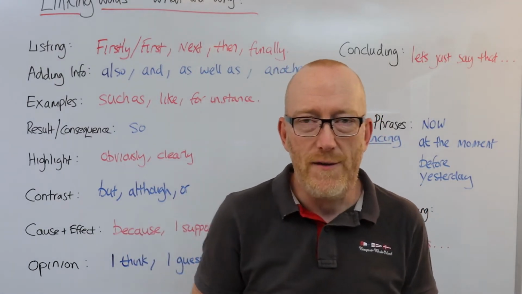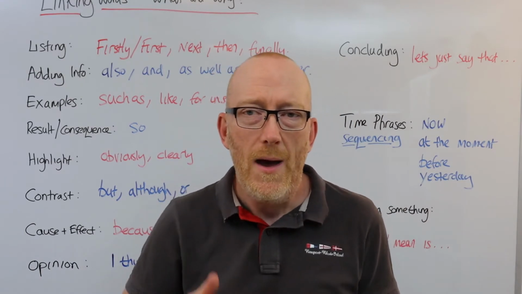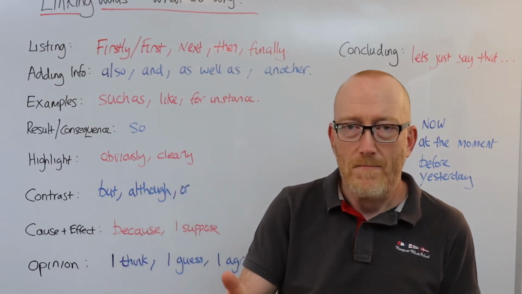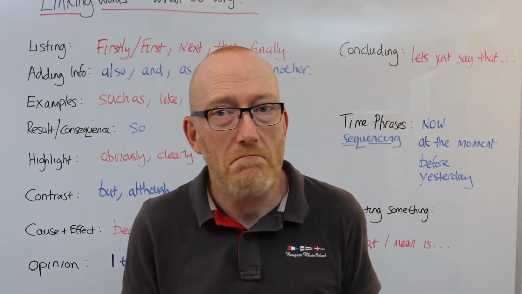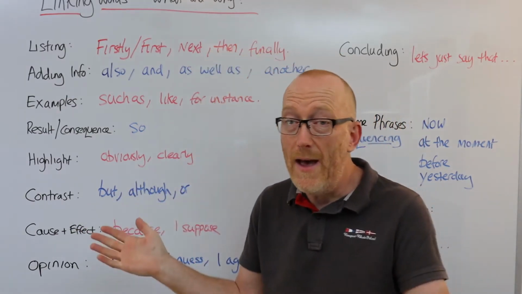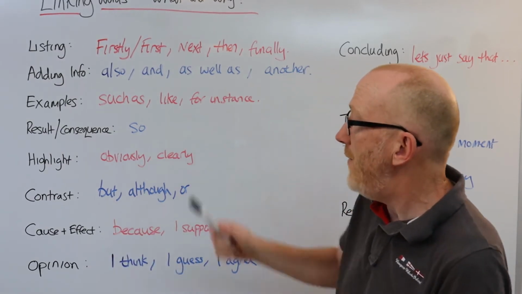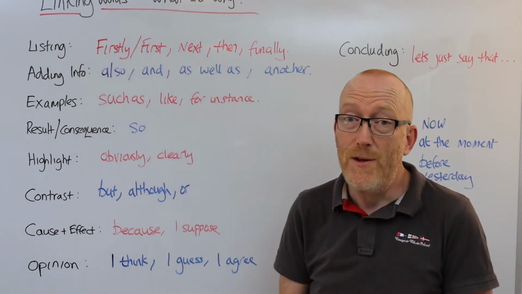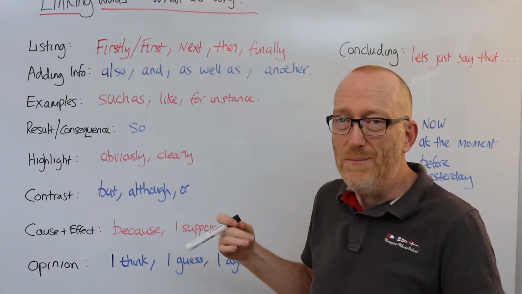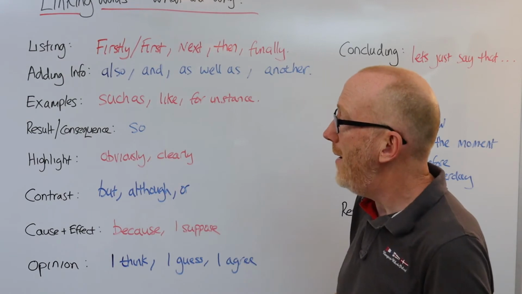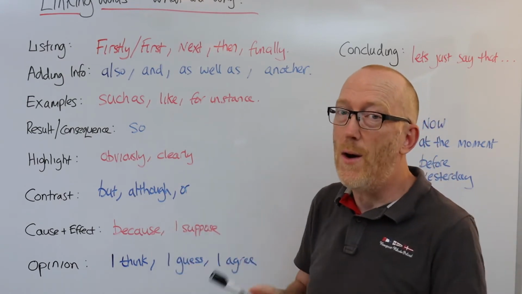Firstly, I have my breakfast. Then I go to the gym. And next I don't know, have a shower, and then finally I go to work. Listing events in their order. Okay, very, very natural way to do it. You don't need really difficult, long vocabulary to list ideas when you are speaking.